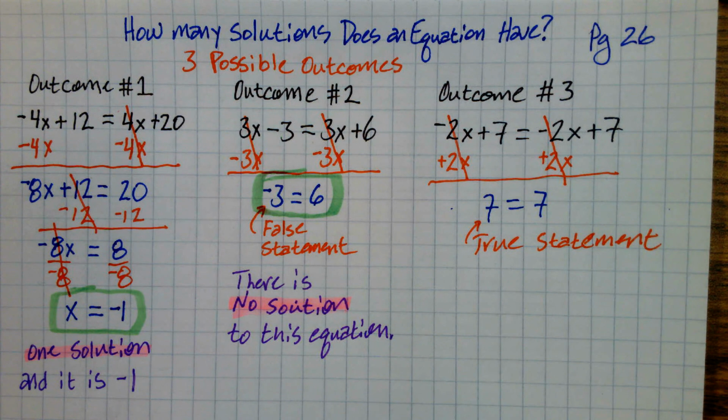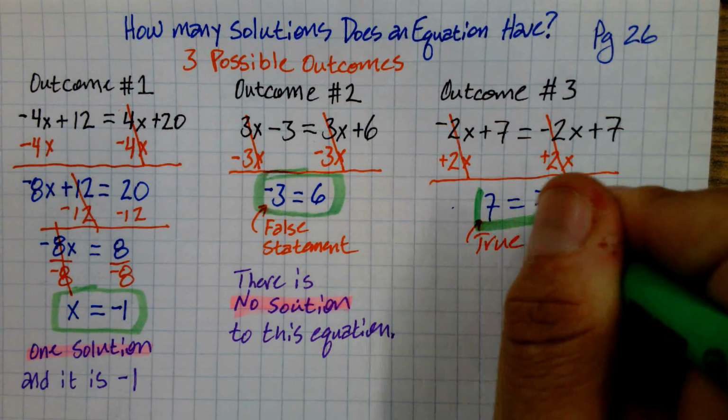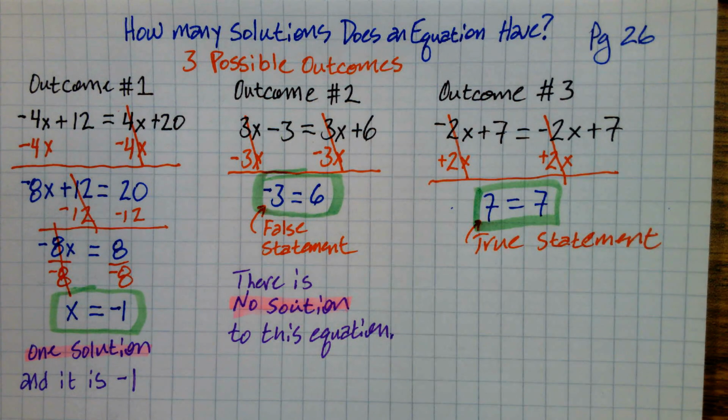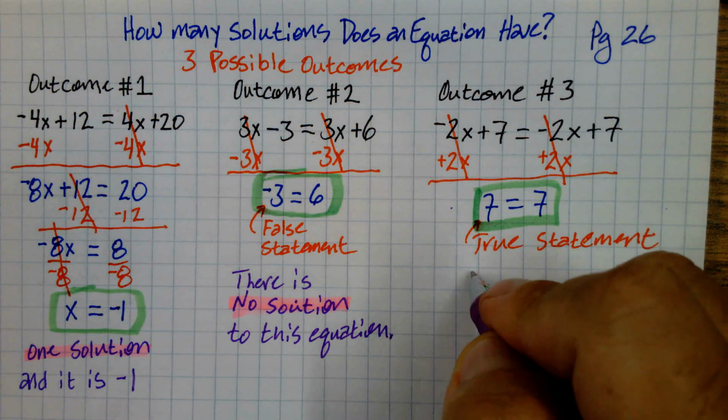Whenever you end up, when the variables all cancel out and you end up with the same number on both sides of the equal sign, that's true. 7 equals 7. Negative 9 equals negative 9. 0 equals 0. If anything like that ever happens, like this, well, what we have is the following.